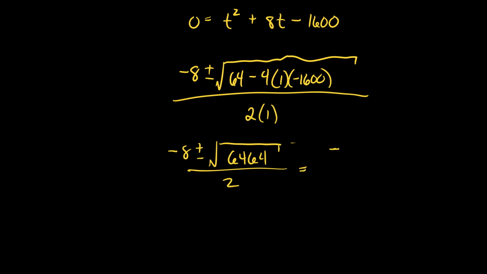So I get negative 8 plus or minus 80.4 divided by 2. I don't want the negative one. I want the positive one, so I'm going to ignore the negative there, and I'm just going to add. And I get a time of 36 seconds.